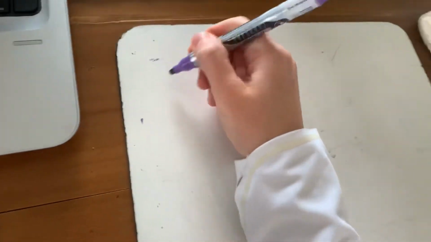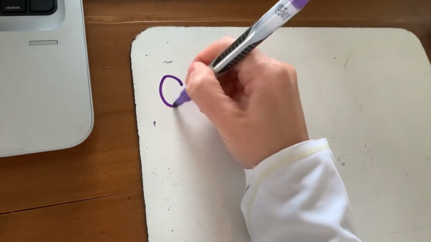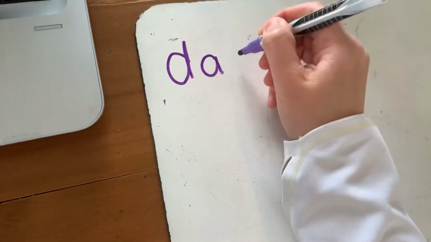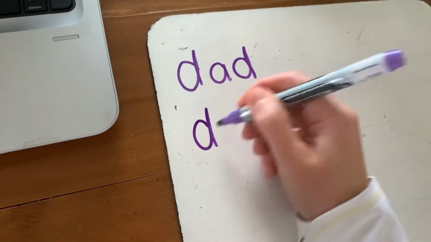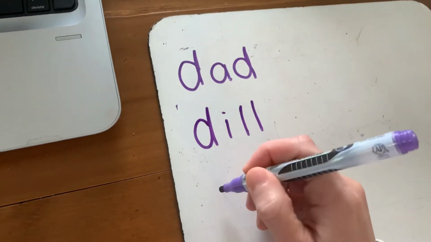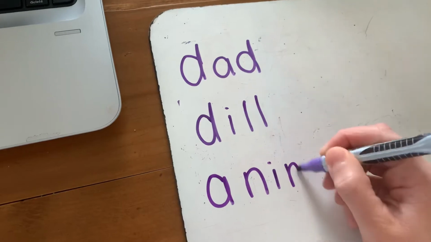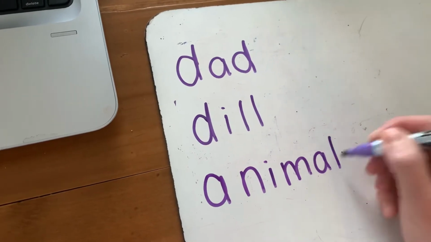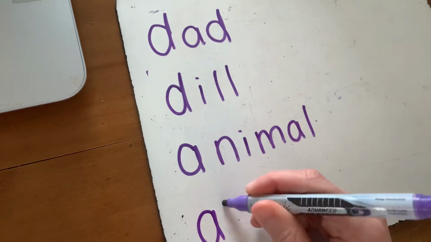Or you can just say it in your mind. So I'm gonna give 4 words as an example. Let's do dad, dill, like a dill pickle. Let's do animal. And let's do abstract.